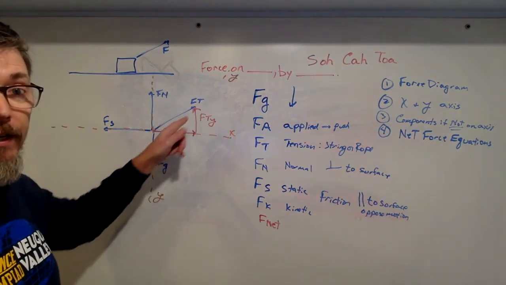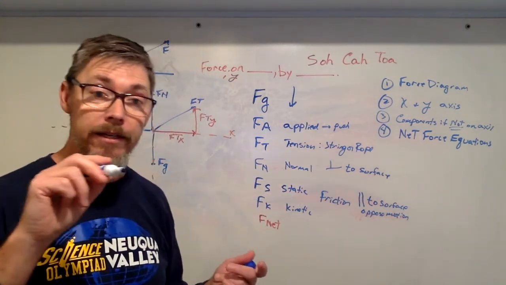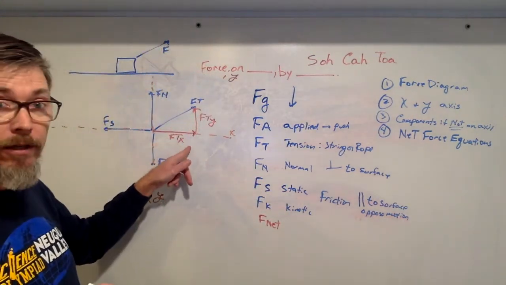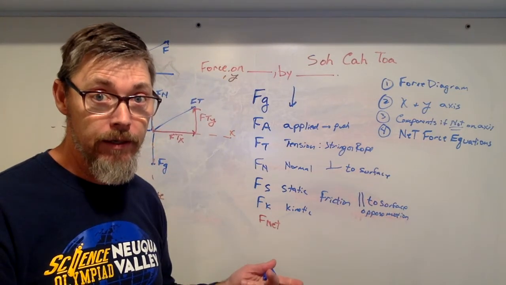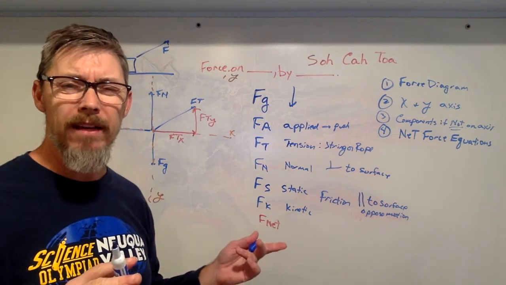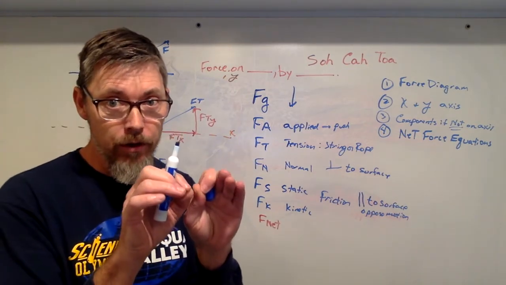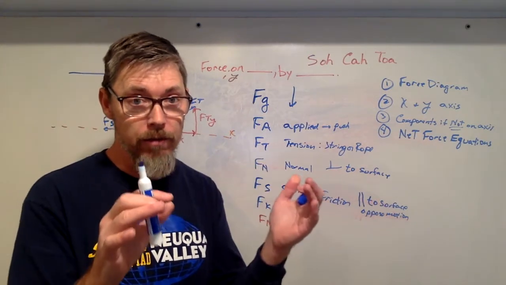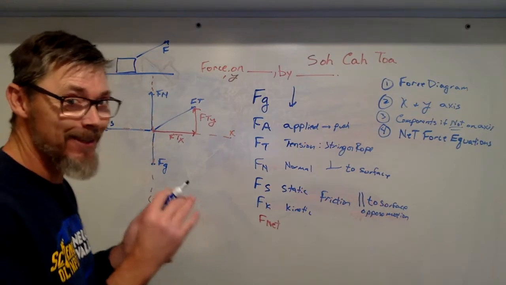See, Ft was acting in both directions: partially along the x-axis, that's the Ftx, and partly in the y direction, that's the Fty. Okay? So what do I mean by net force equation? Well, if you do it exactly like I'm going to show you, this is the easiest way. I'm just telling you, I've taught this for a long time. This is the way to do it.